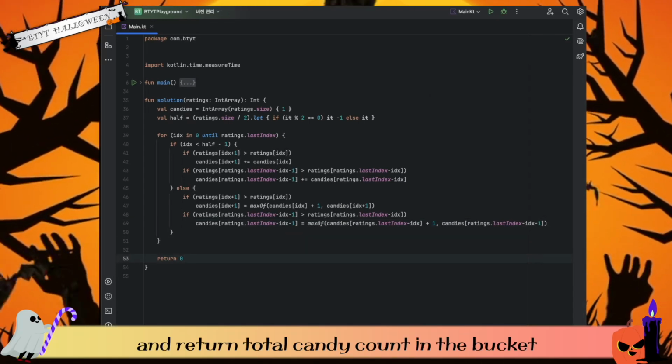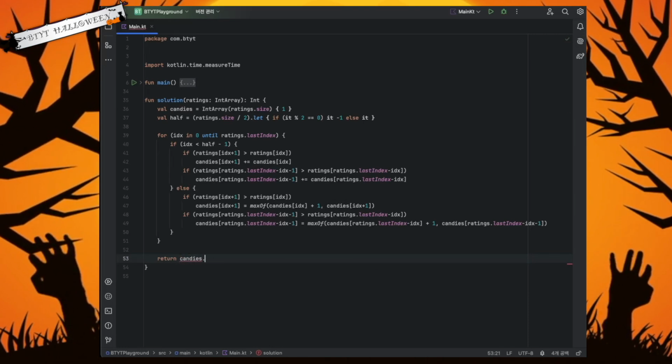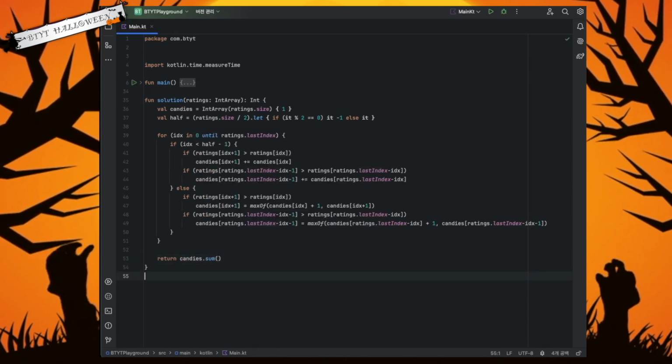And return the total candy count in the bucket. Let's run the code.